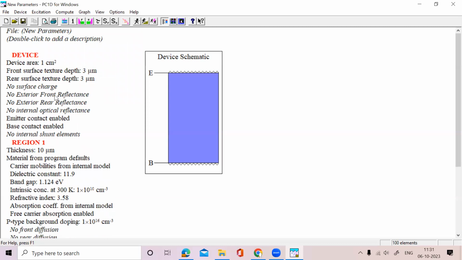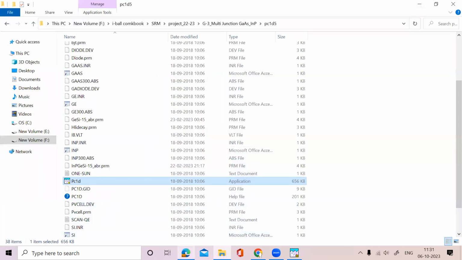First of all, we should know what is the need of surface texturing, what is surface texturing, and why we are doing it. As I told, a solar cell is a device which will absorb energy, that means light energy. Suppose my surface is flat, what will happen? Light comes there and it will reflect.